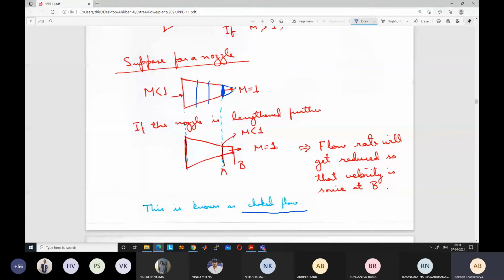So in this section, it's a converging section, right? If the Mach number is already equal to 1 here, then for the flow velocity to increase, the flow has to be supersonic in this region.